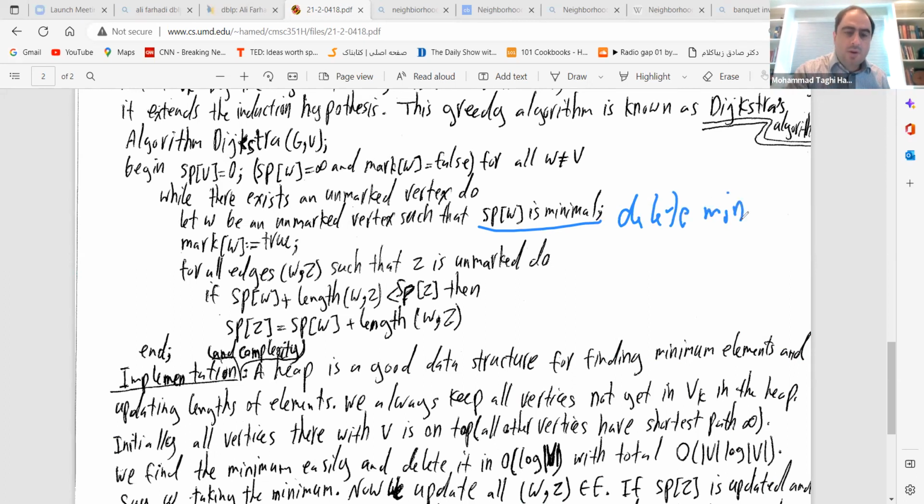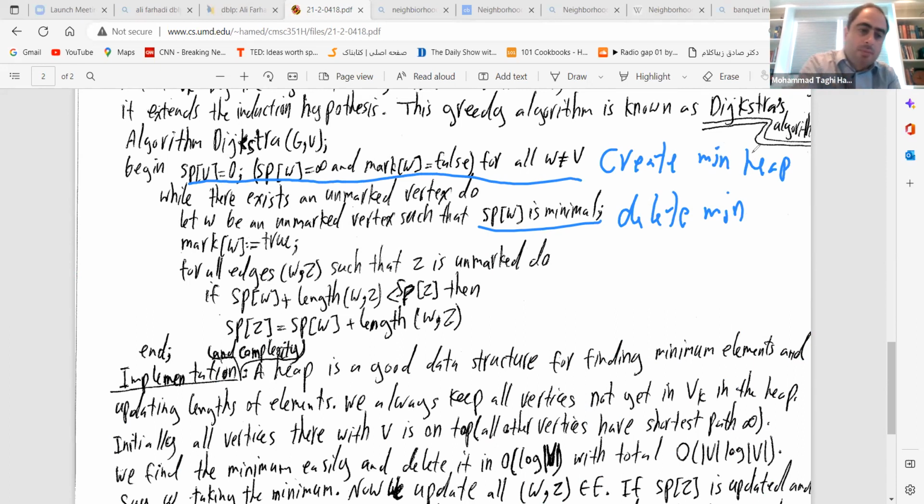So what do we do? When we are creating this, we are also creating a min heap here. Min heap, or min priority queue, means that the one with the minimum is at the top. So the minimum is here.